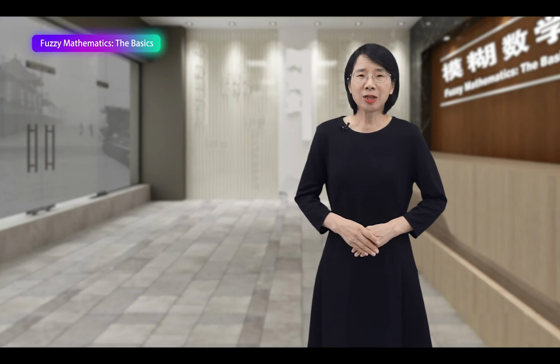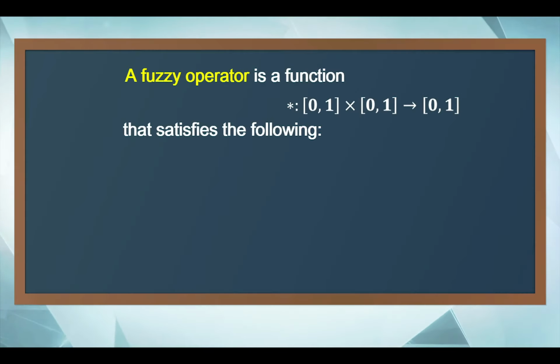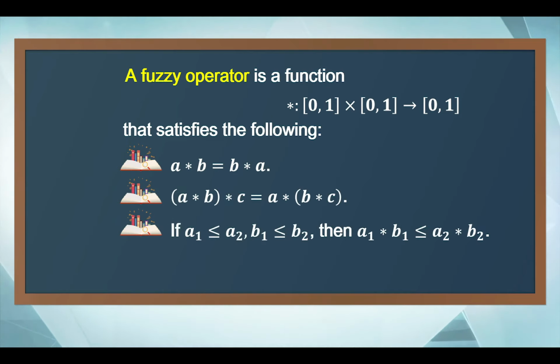Now we have made enough preparations for the definition of fuzzy operator. A fuzzy operator is a function on the closed interval from 0 to 1 that satisfies the commutative laws, associative laws, monotonicity, and the boundary conditions.